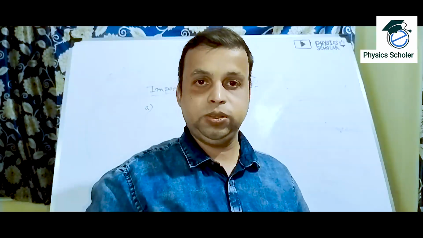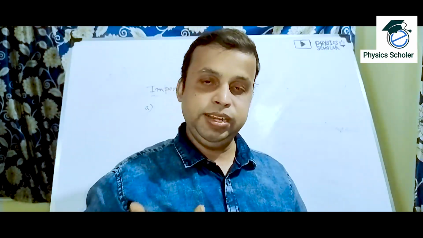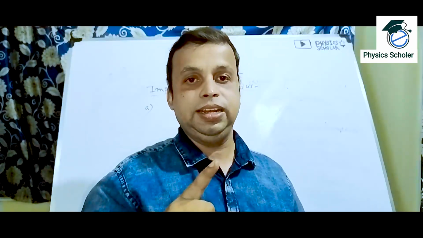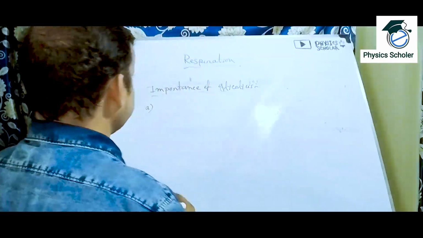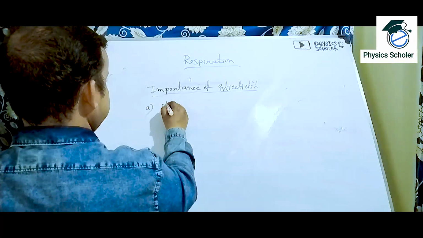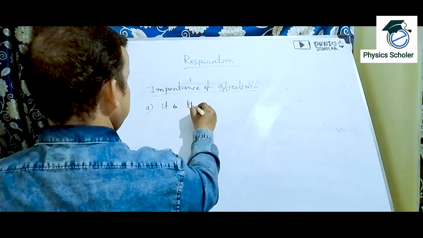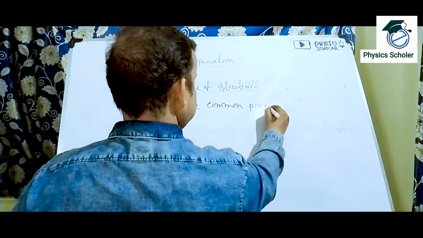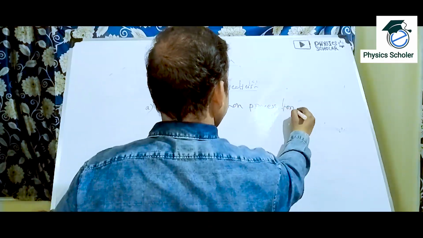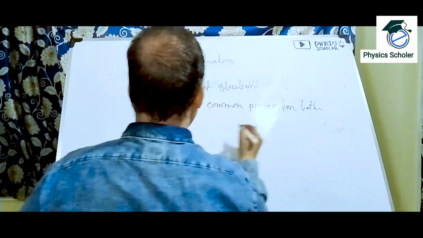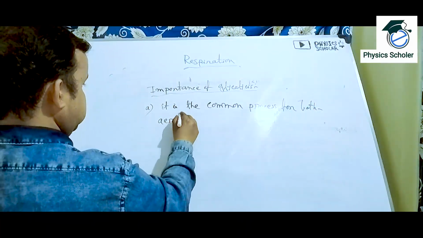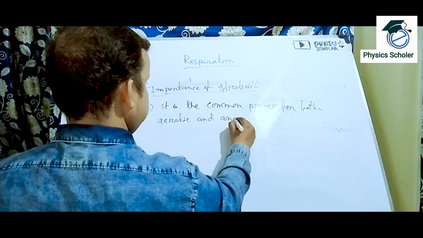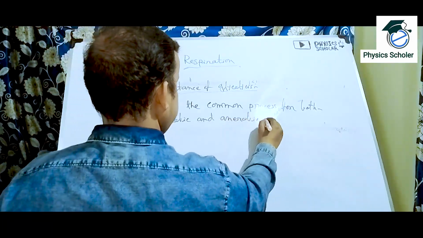and a small amount of energy is released. It occurs inside the cytoplasm of the cell. It is the common process for both aerobic and anaerobic respiration.